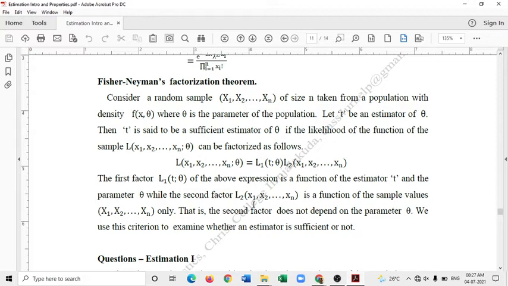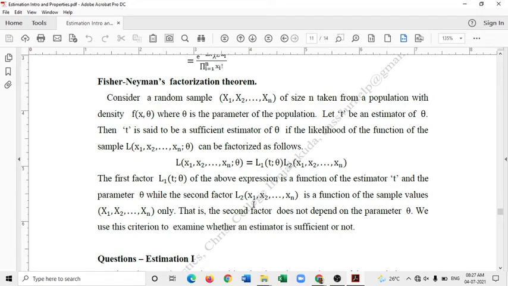Then T is a sufficient estimator of theta if this L can be factorized into two functions, one is the function L1 and the other is the function L2. In L1, only T and theta must be present, and L2 is a function independent of the parameter theta, the parameter being estimated.